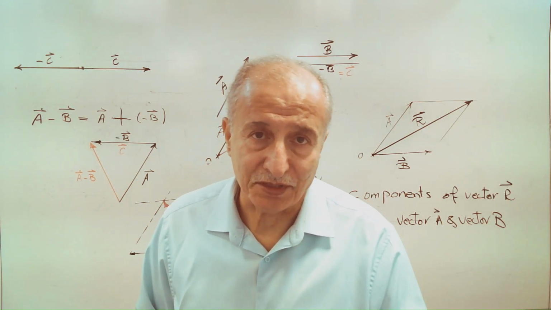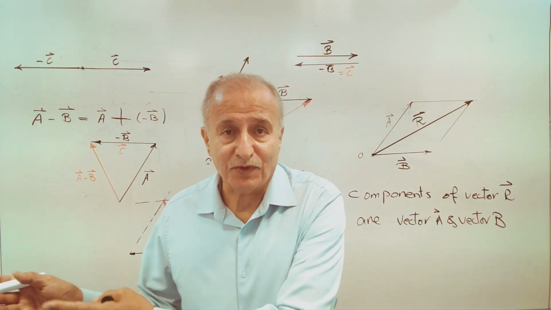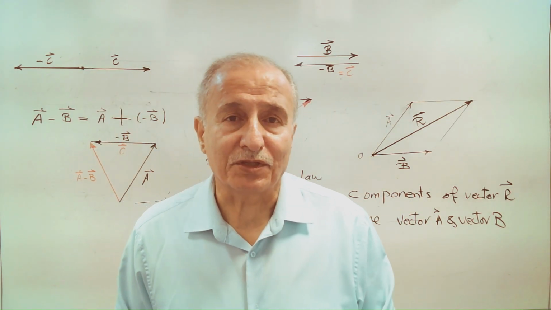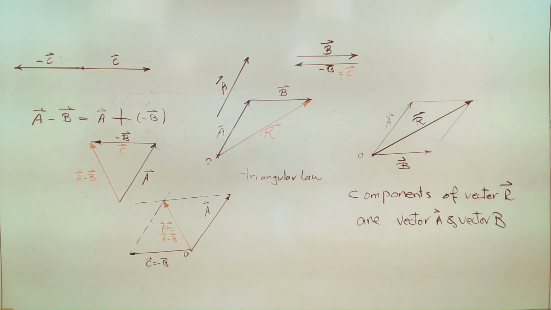If two vectors are components of this vector, it means that if we add them together, we find that resultant vector.